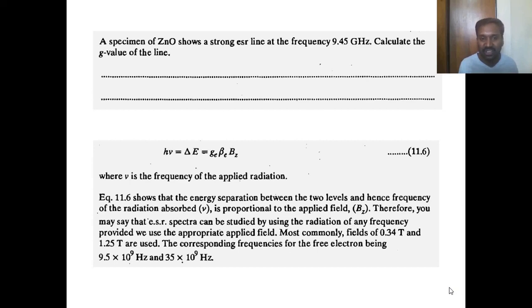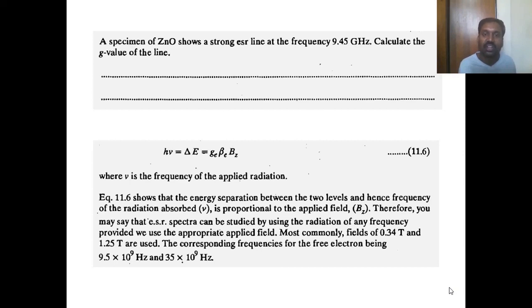g_e is a very important point. What is the g_e value we should take? Like I told, the g_e value differs by the environment of the electron. But in the specimen of zinc oxide, the electron is not under the influence of any magnetically active nucleus. You all know that nuclei with I equal to 0 don't give you an NMR spectrum.